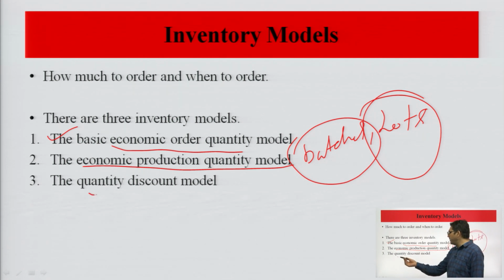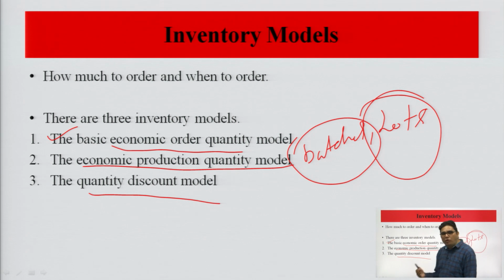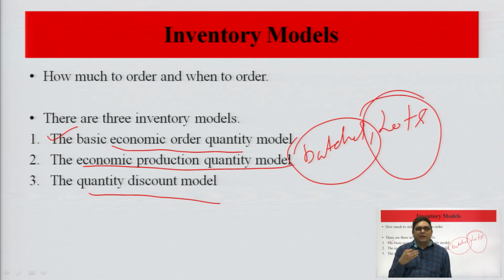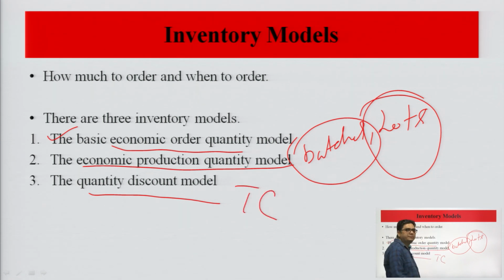Next is the discount model. The discount model indicates that the larger the quantity you purchase, the more discount you get. But here we try to identify that our total cost should be minimum.